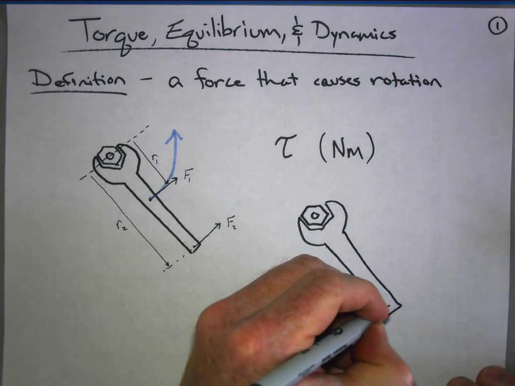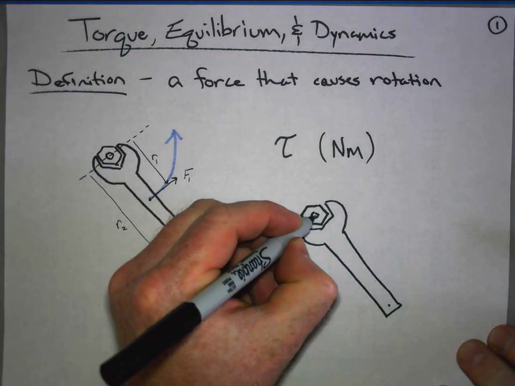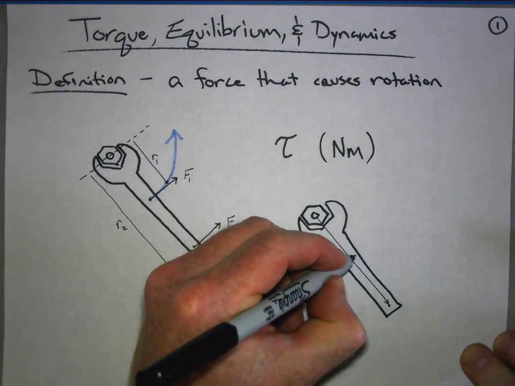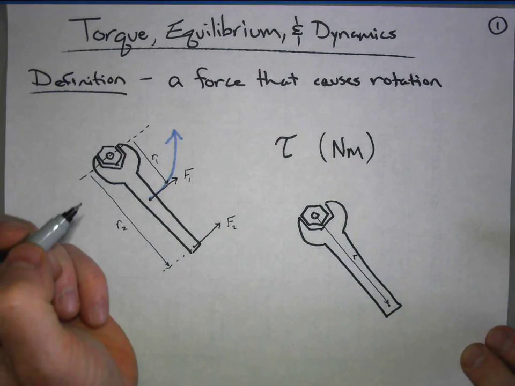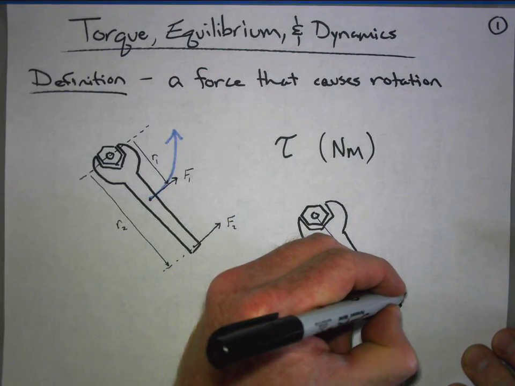Let's say we're going to grasp the handle here and push on the handle. And so we have this radius right there. And I'm going to identify the tangential direction.